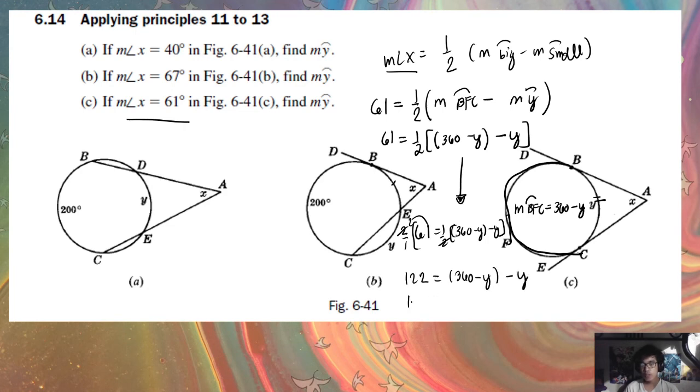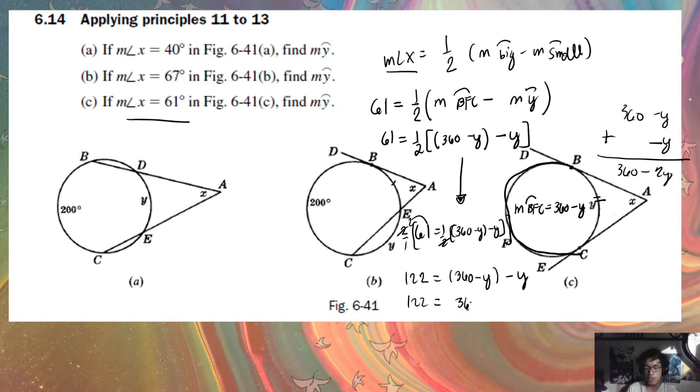Okay, so this is going to give us 122 is equal to, since we have to subtract y from 360 minus y, 360 minus 2y.